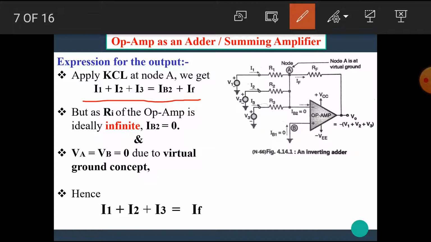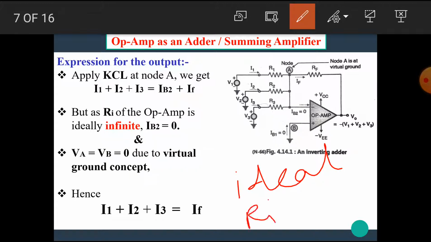But as Ri of the op-amp is ideally infinite, IB2 is equal to 0. For the ideal op-amp, we know that the input impedance, Zi or Zin, is infinity. Hence, there is no current flow through the op-amp. Therefore, IB2 has the value 0.